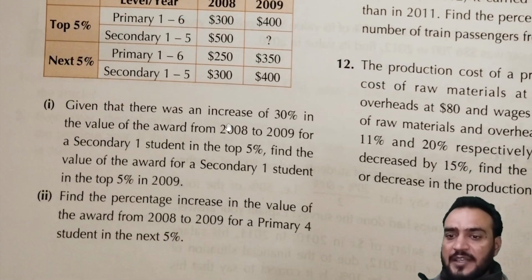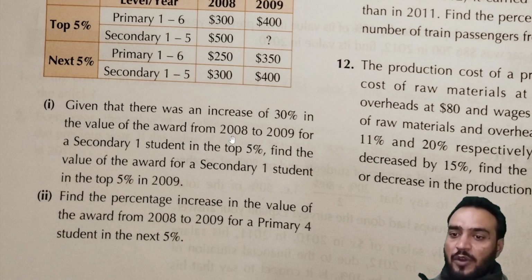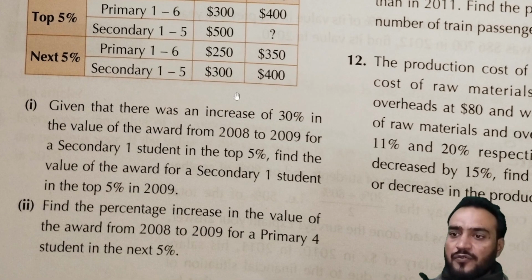So part one is, given that there was an increase of 30% in the value of award from 2008 to 2009 for a secondary one student in the top 5%, find the value of award in 2009. We have to find this question mark.